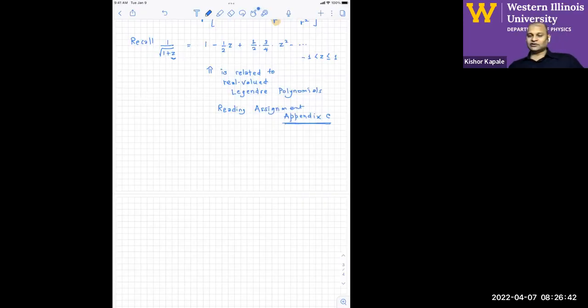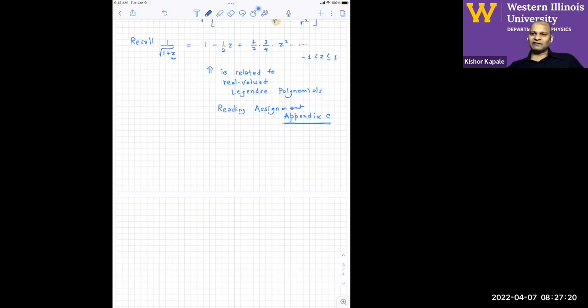There is another context in which you are familiar with Legendre polynomials. If you have a 3D spherical coordinate system and you're trying to do the separation of variables technique for the solution of the 3D spherical partial differential equation, when the Laplacian is expressed in 3D spherical coordinates, then for the theta coordinate, if you replace cosine theta as x, then you get Legendre polynomials for that.